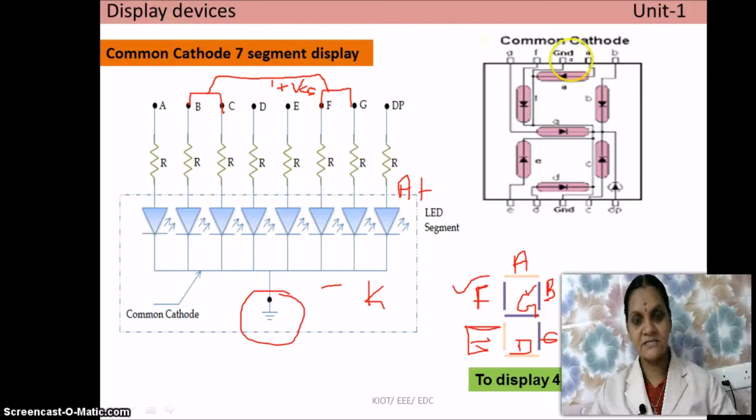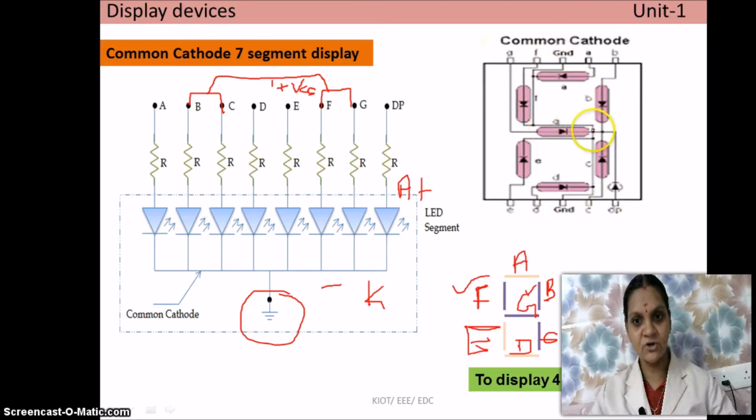And see here, this is the pin diagram of the common cathode 7 segment LED display. See here, all the 8 LED segments' cathode terminals are connected. See here, diode 1 cathode and this diode's cathode terminal. All the cathode terminals are connected and commonly connected to ground. Right, this ground and this ground are internally connected.